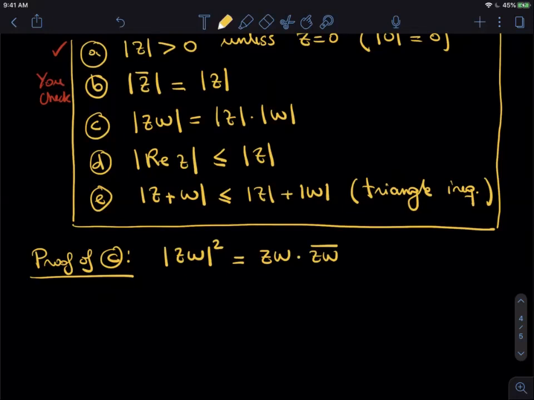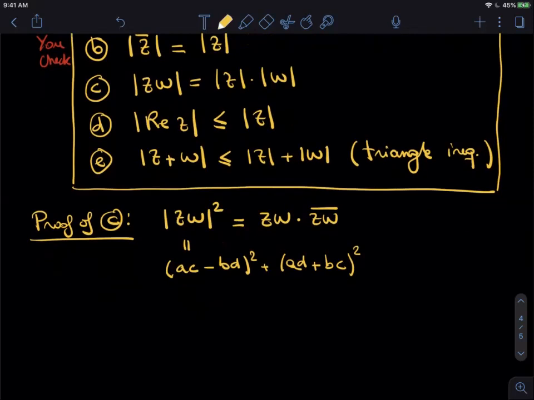You can also do the computation directly, and what you get is AC minus BD squared plus AD plus BC squared. And this turns out to be A squared plus B squared times C squared plus D squared, which is the modulus of Z squared times the modulus of W squared.